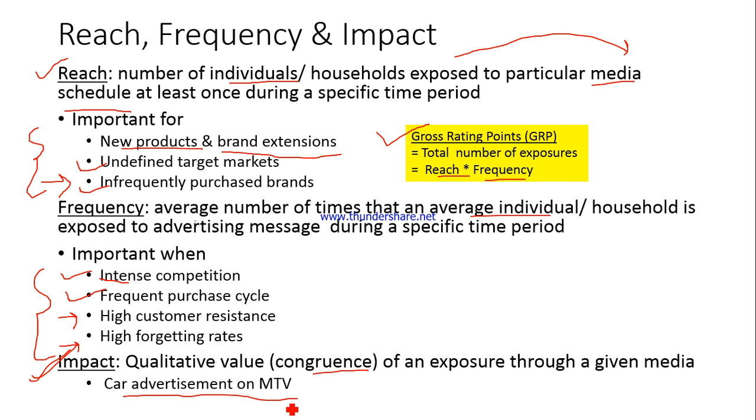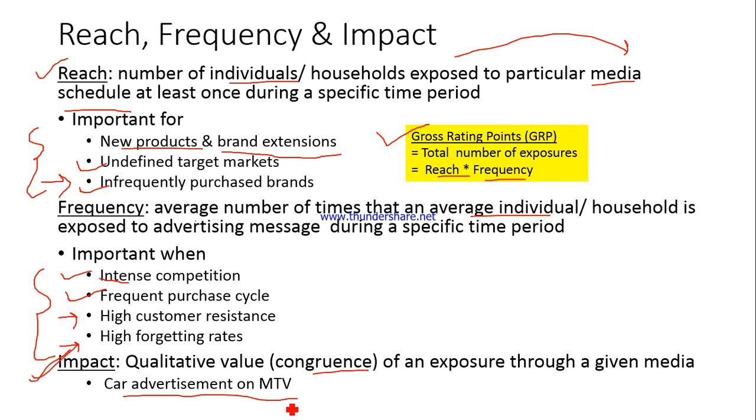So that particular media you are using is the MTV. So there's a congruence between the two, and that is why car advertisements on MTV are going to be more impactful and more effective rather than showcasing these advertisements on, as I said, Astha channel, right?